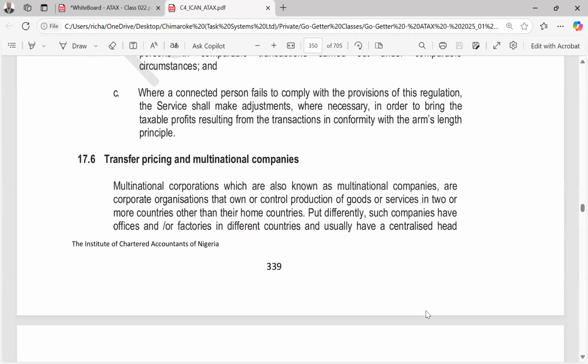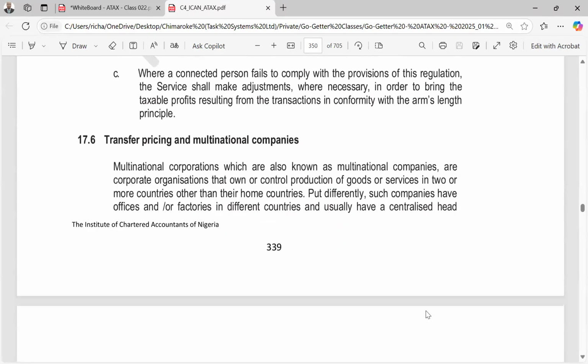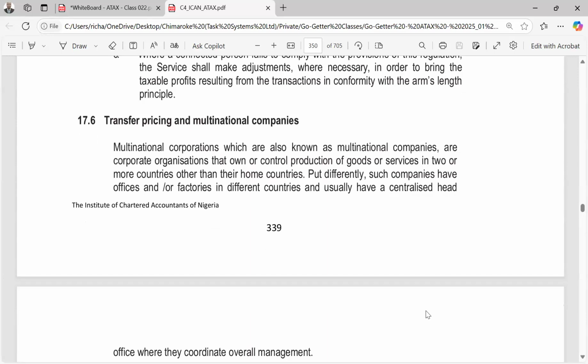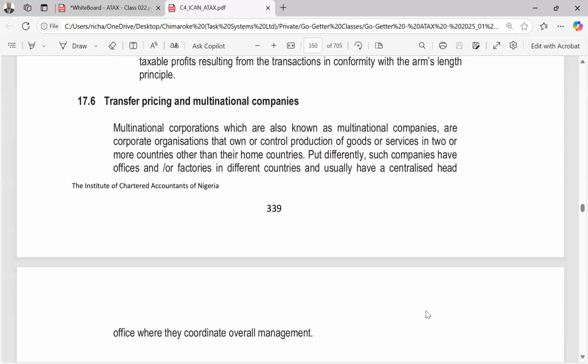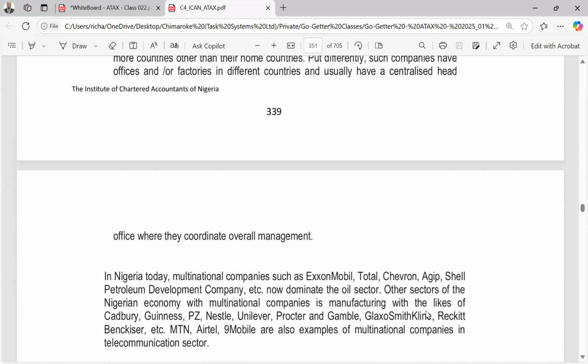Now, transfer pricing companies. I've said this in the intro. Multinational corporations, which are also multinational companies, are corporate organizations that own or control production of goods or services in more than one country other than their home country. And so they have a centralized head where they coordinate or do their management.